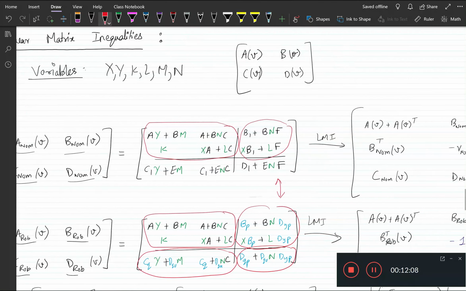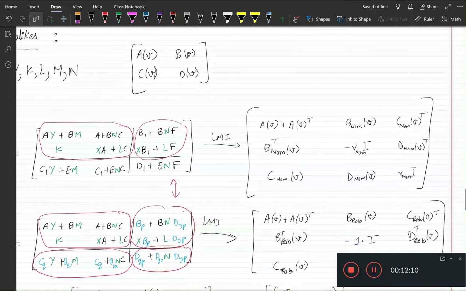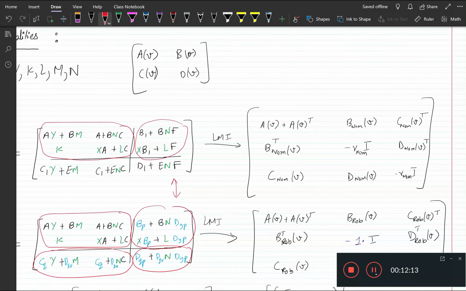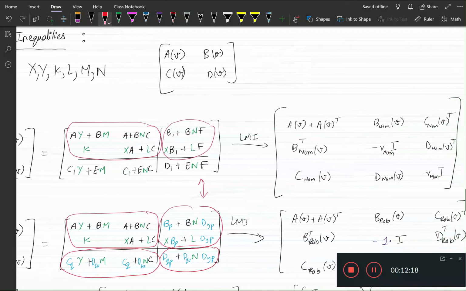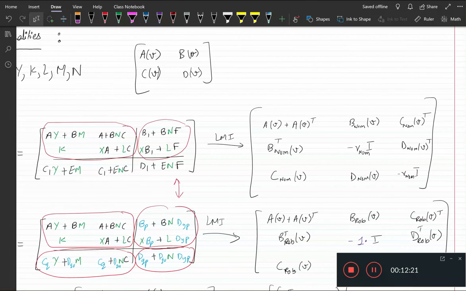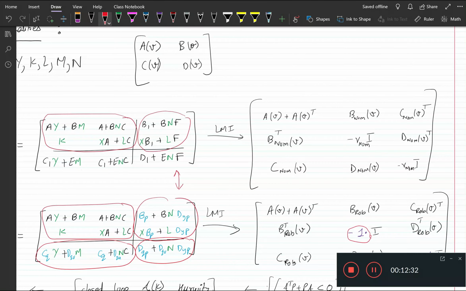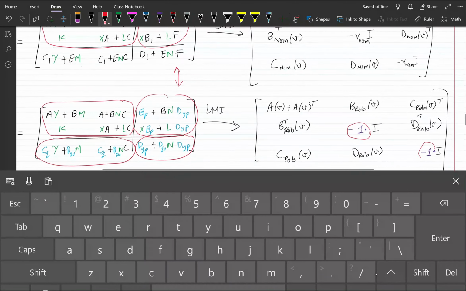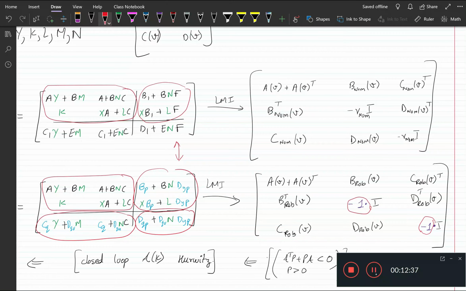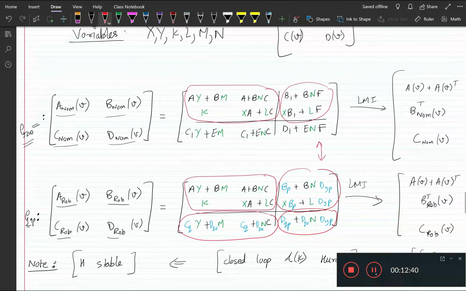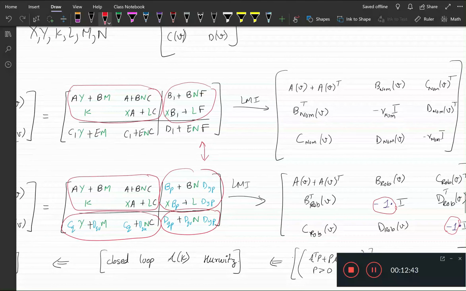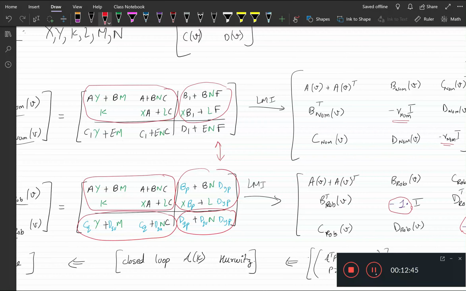And now we can generate LMIs for these two systems by simply writing down these conditions here. So we get again these LMI matrices, and note that for the robust control system we only need a gamma of 1 because we only need the H infinity norm of GQP to be less than 1, whereas we want to minimize the gamma nominal.